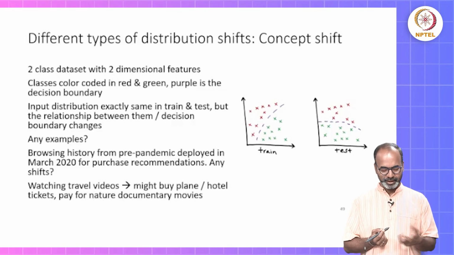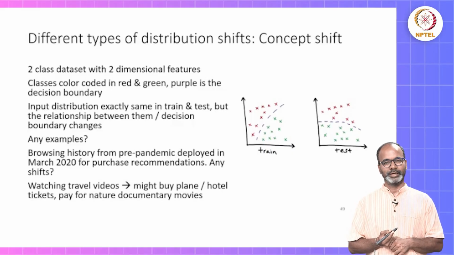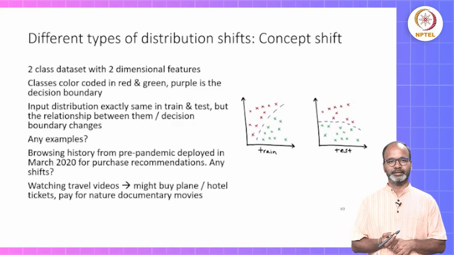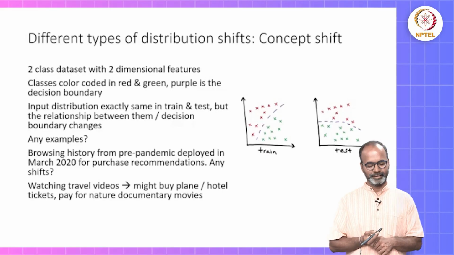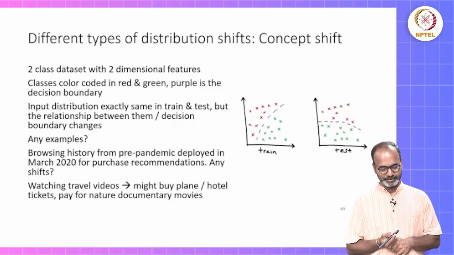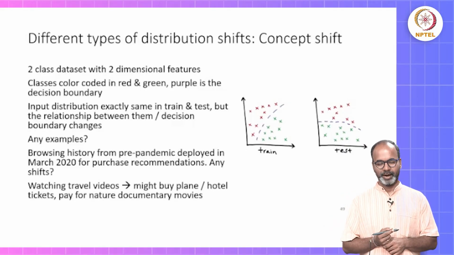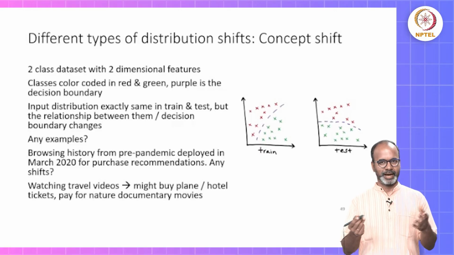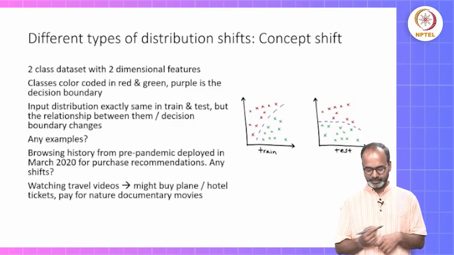Does that mean I would actually buy a plane ticket, hotel tickets, and actually do buy documentary movies also? Think about it and process it for how concept shift is applied in these examples. If it's not clear, come back, we can actually discuss it.